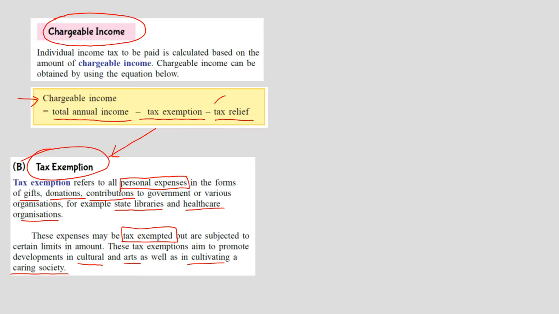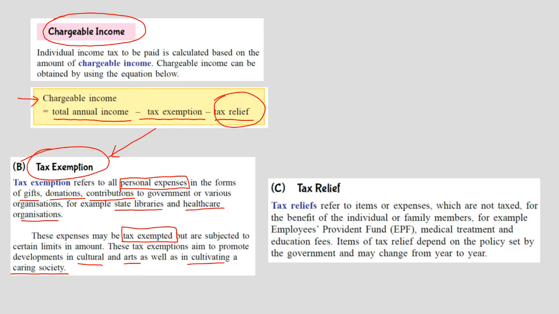Next, what is the meaning of tax relief? Tax relief refers to items or expenses which are not taxed for the benefit of the individual or family members. For example, EPF, Employees Provident Fund, will not be taxed.